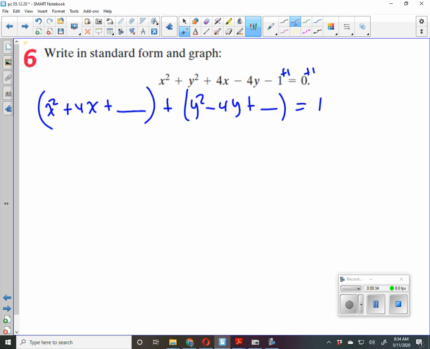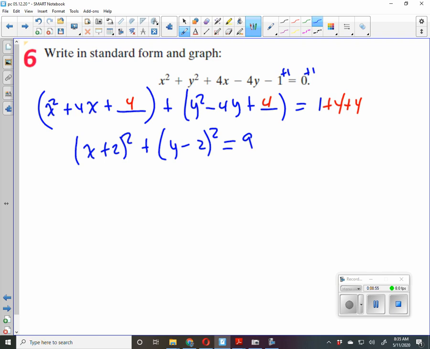Half the middle term squared is 4, so plus 4. Half the middle term squared is again 4, so plus another 4. This is a perfect square of (x plus 2) squared plus, this is a perfect square of (y minus 2) squared equals 9. They didn't ask us to find it, but we now know that the center is negative 2, 2, and the radius is 3.